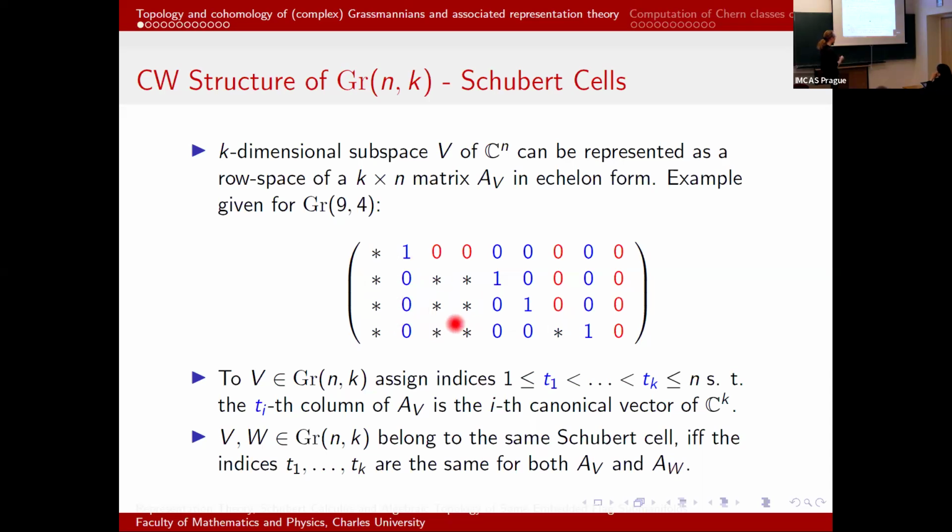By the way, the star entries are independent arbitrary complex numbers. So the complementary partition for this Schubert cell would be 4, 3, 3, 1. So we count the number of stars in each row, but from bottom to top.